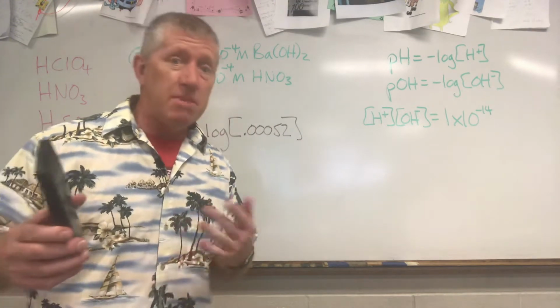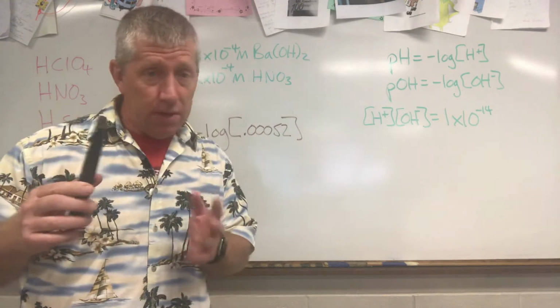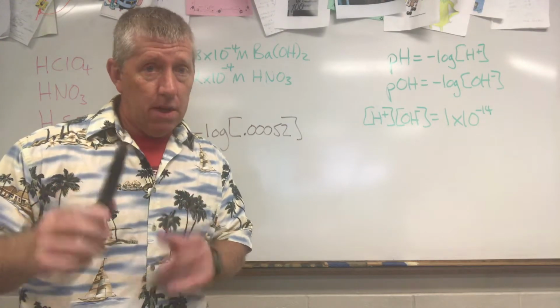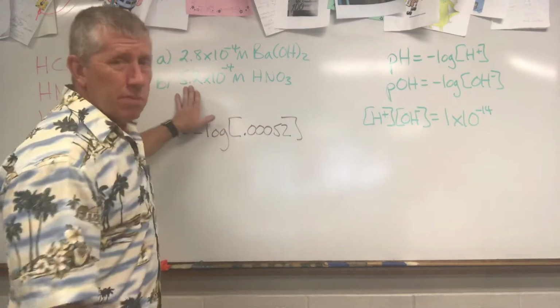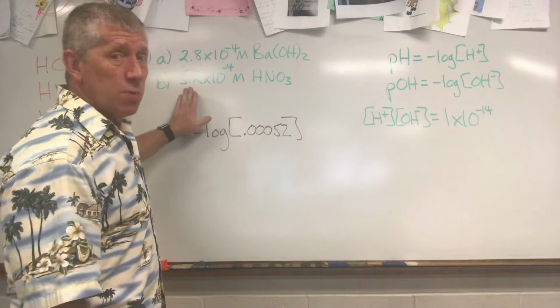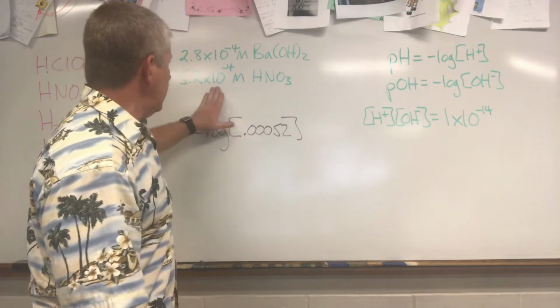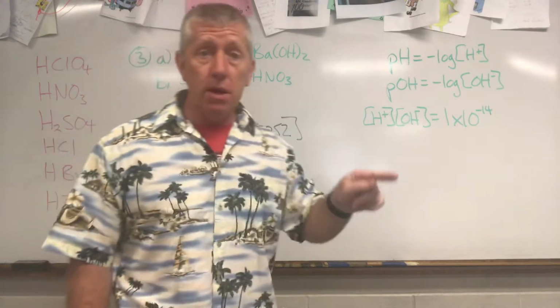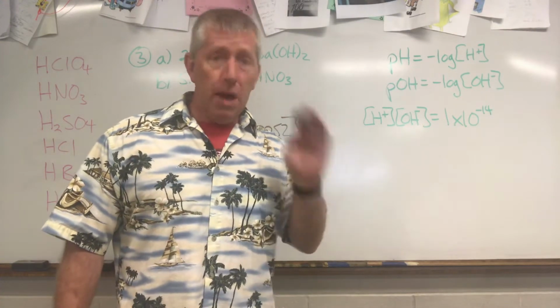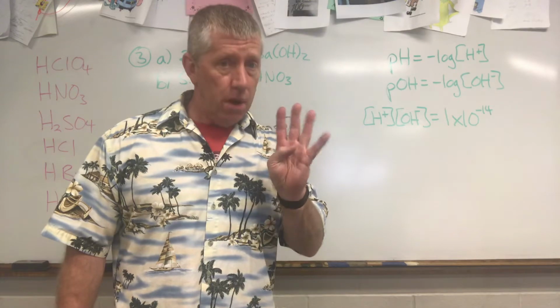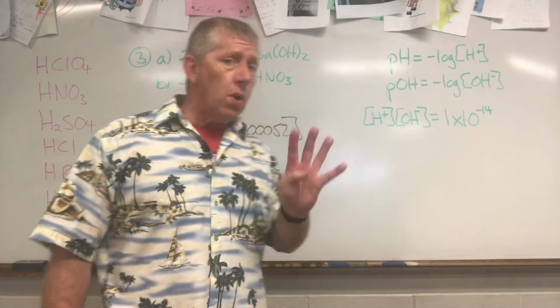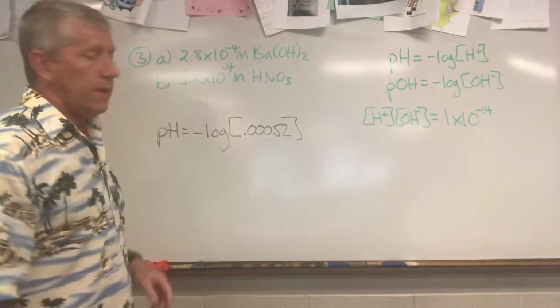Maybe 5, maybe 3, but that's it. Shouldn't be any more off than that. Now what's out in front will have an influence on it. If this were 1 times 10 to the negative fourth, and I logified that, I'm going to get 4. Because logs are exponents. Now I'm not going to get 4, but I'll get close because of the 5.2 in front.